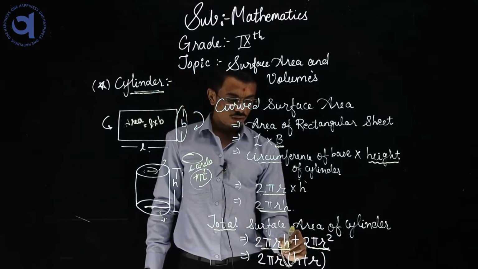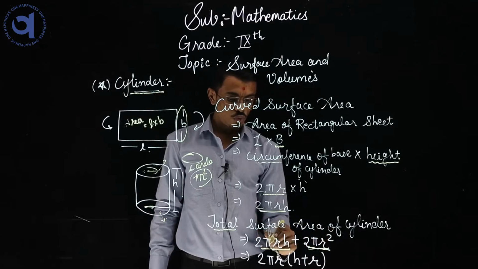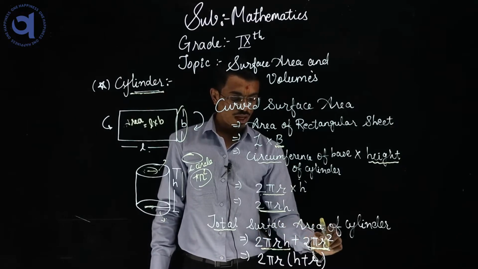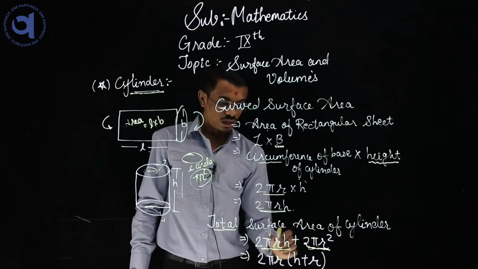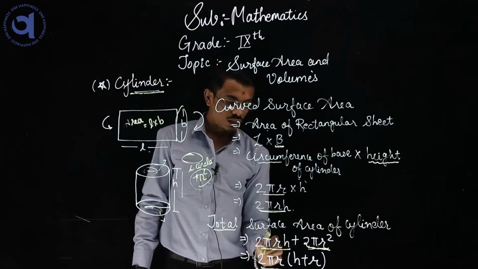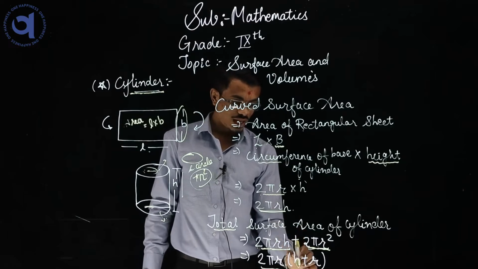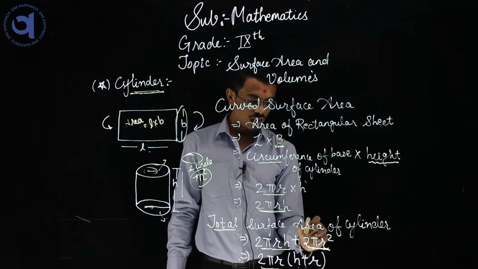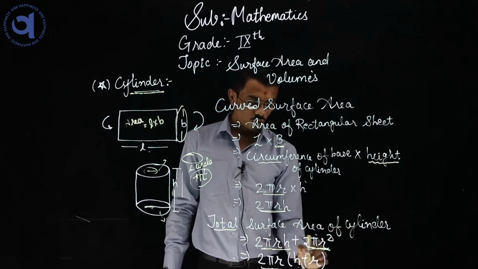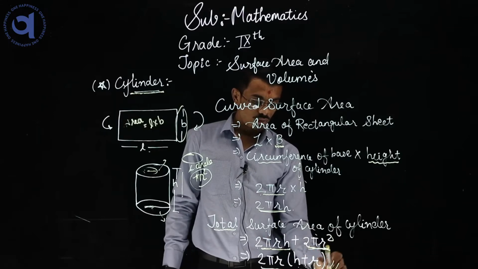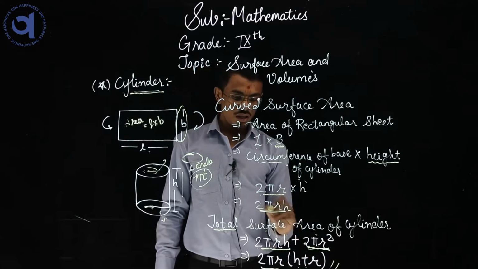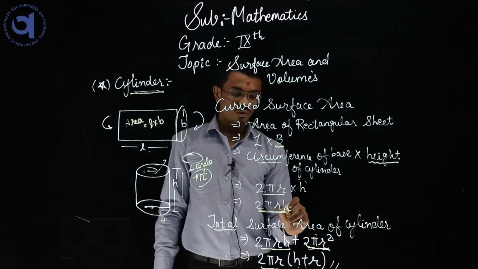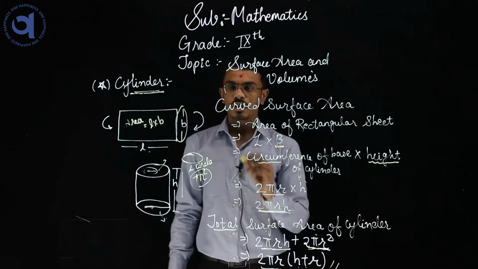From this equation, what is common is 2 pi r. Taking 2 pi r common, the remaining part in the first term is h, plus, in the second term, 2 times r squared with one r common leaves one r. So this is the formula for the total surface area of a cylinder, and this other formula is for the curved surface area of a cylinder.